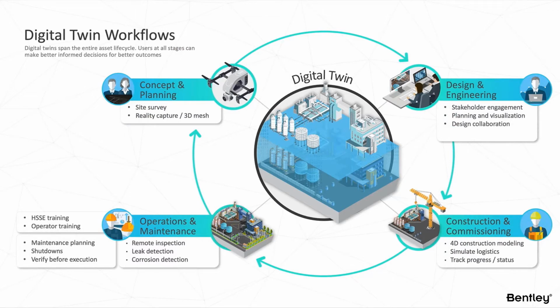As we assemble our digital twin, you can look through the workflows that this information is going to go through. Thinking of greenfield projects, your information can start from the conceptual planning stage, go through the design phase, then through construction, operations, and maybe even end of life.